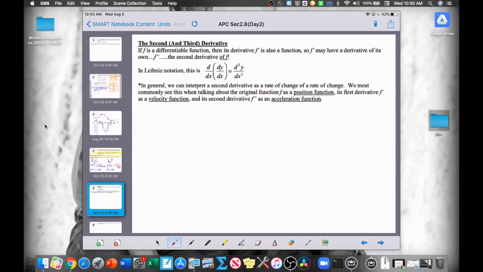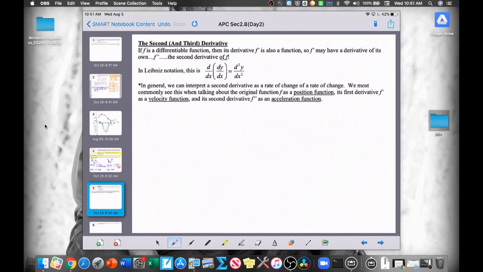So in general, we can interpret a second derivative as a rate of change of a rate of change. We most commonly see this when we're talking about our original function f as being the position of something that's moving. Its first derivative, f prime, would then be the velocity of that object, and its second derivative, f prime prime, would then be the acceleration.